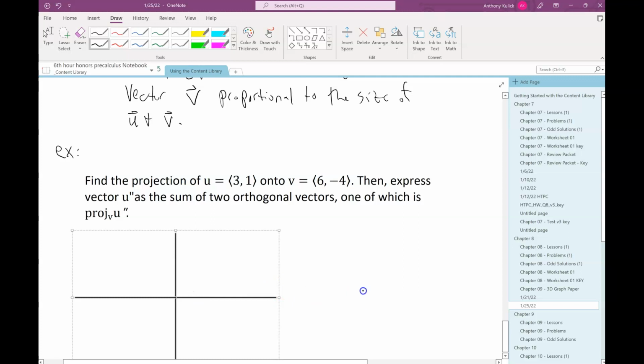Now, there's nothing in this problem that really requires you to draw a picture, but for most of us, this is the first time doing this process, and I think that the picture can be quite helpful intuitively to see what's going on. So I'm going to start by drawing these two vectors.